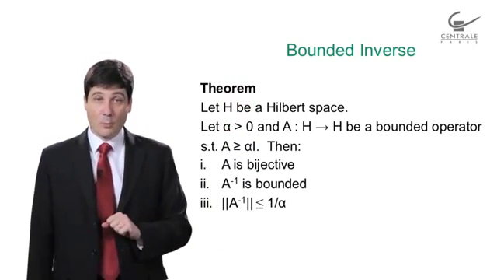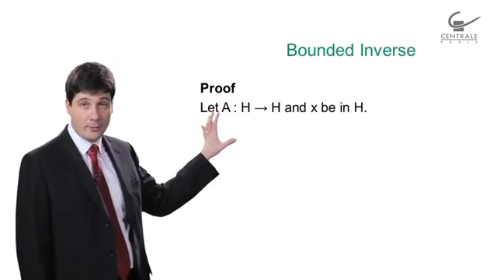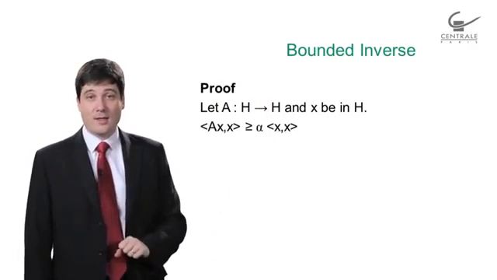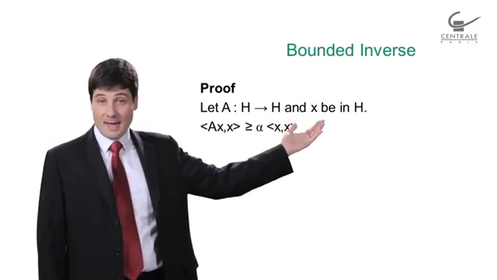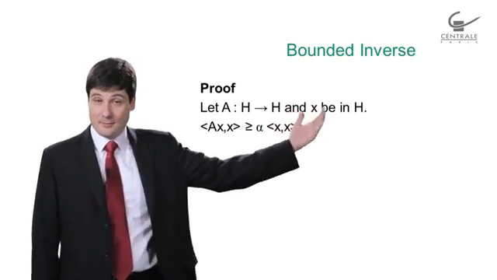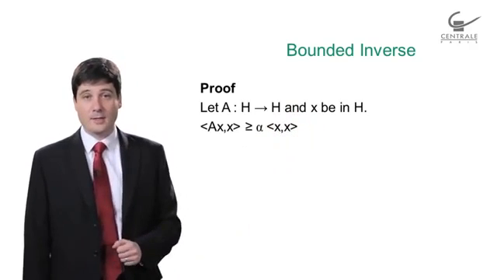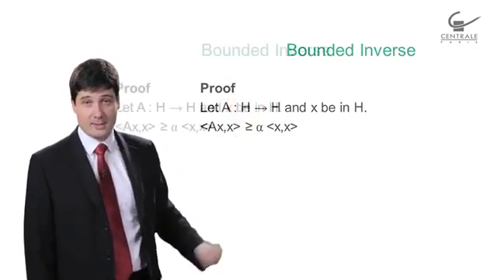Now, why is that so? It is so because if you have an operator A that goes from H to H, and you have x in H, then (Ax, x) will be greater than alpha (x, x), right? By definition of the positive operator, A minus alpha I is a positive operator, so what you have is this.